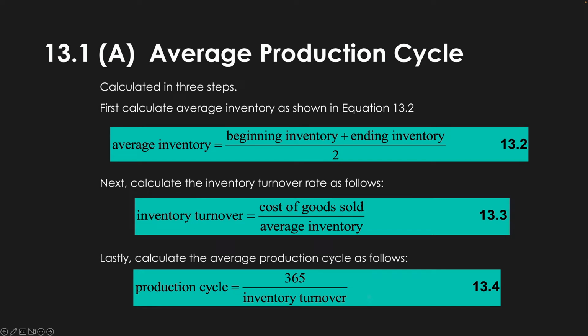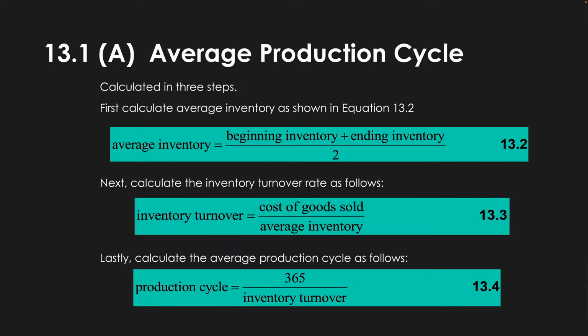Okay, so now we're actually going to calculate these cycles. Okay, so there's 3 steps. We're going to look at the production cycle first. First, you got to figure out what your average inventory is. And then you calculate a financial ratio, which is called inventory turn or inventory turnover.